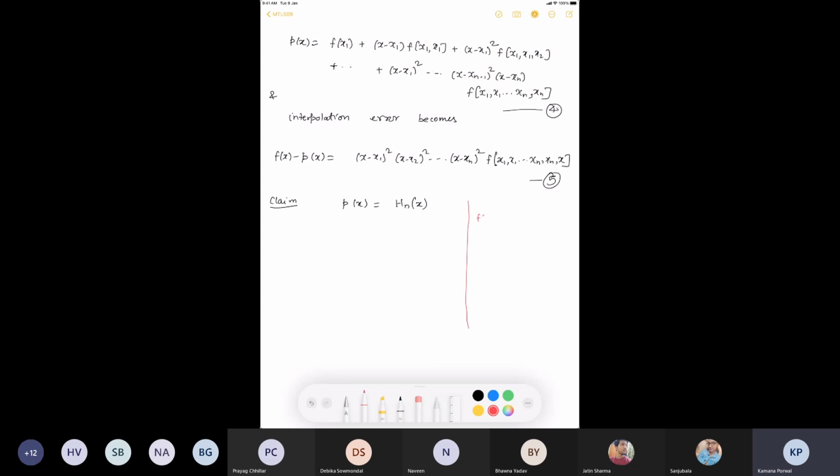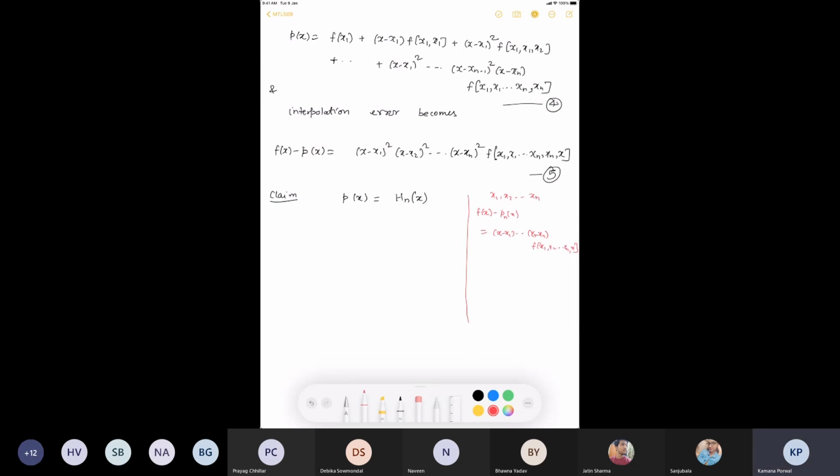If you recall, in the previous case when we were learning the Lagrange interpolation and the Newton's form of the interpolating polynomial, we saw that the interpolation error was x minus x1 up to x minus xn, suppose we have the nodes as x1, x2 up to xn, times either the derivative of f or, in terms of divided differences, f of x1, x2 up to xn and x.